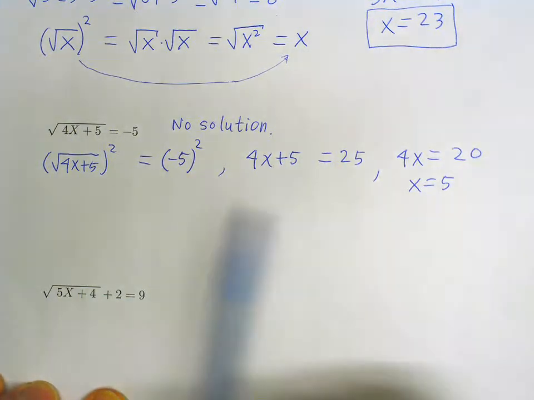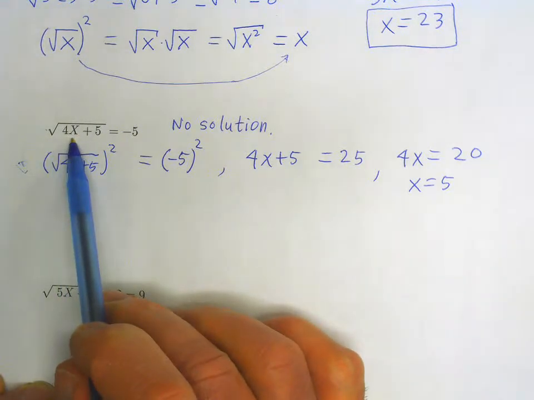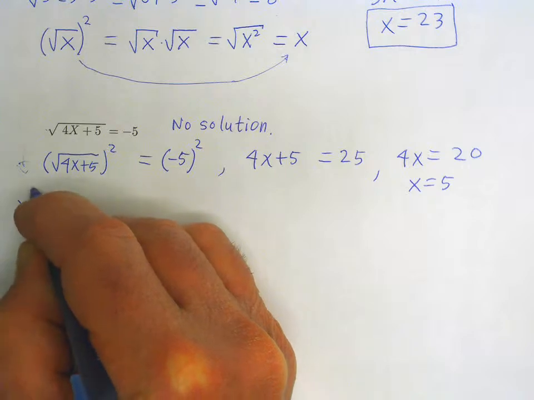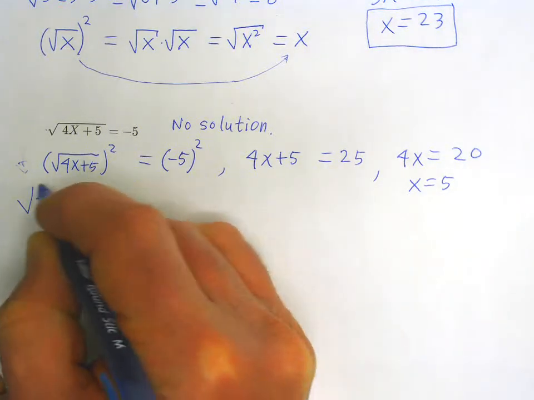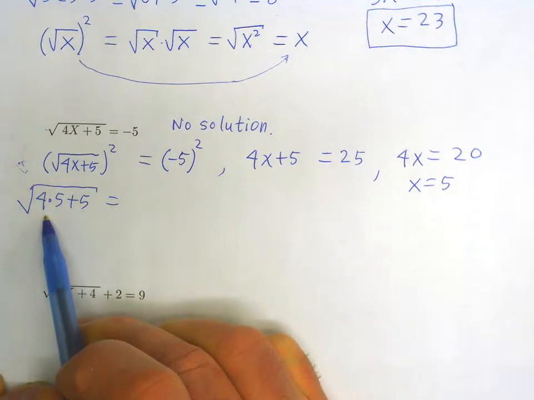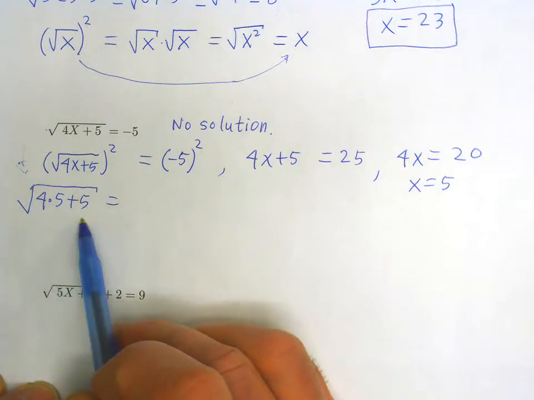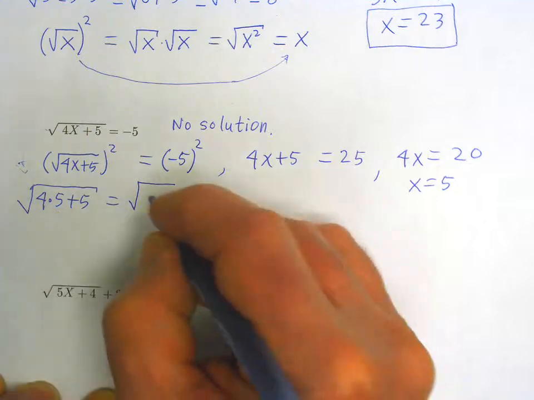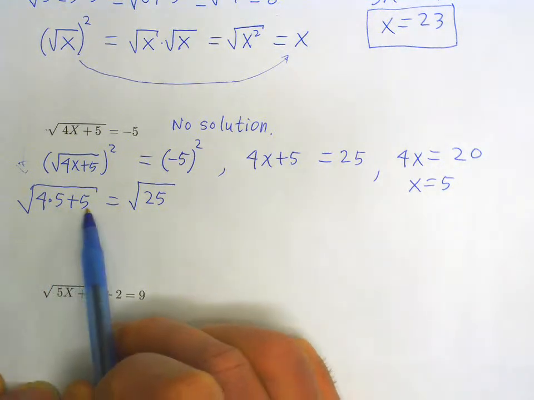So we'll go back and check in the original equation. Replace x with 5. So the left-hand side is the positive square root of 4 times 5 plus 5. Then we'll do the arithmetic on the inside of the square root. The positive square root of 4 times 5 plus 5 is the positive square root of 25, because 4 times 5 is 20, 20 plus 5 is 25.